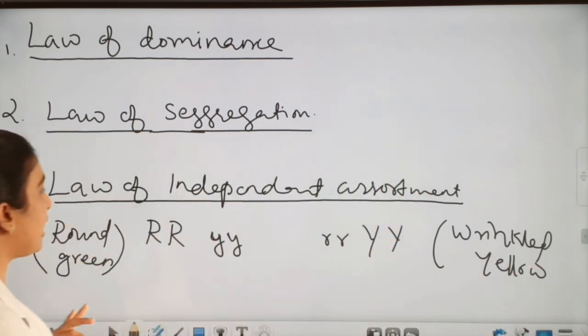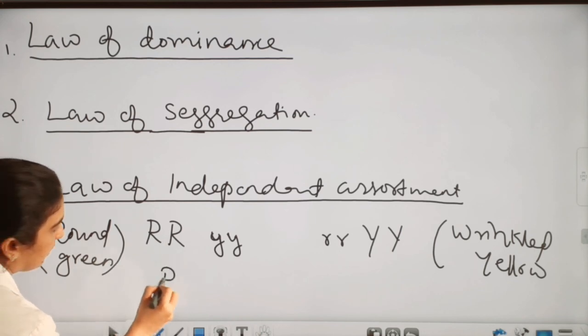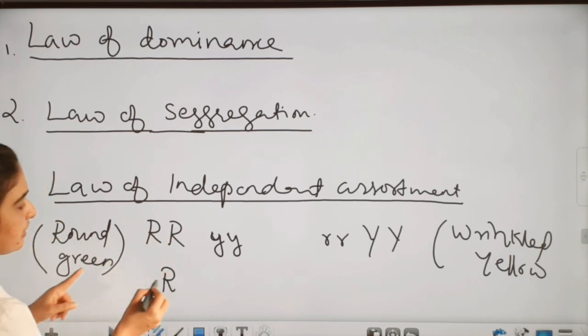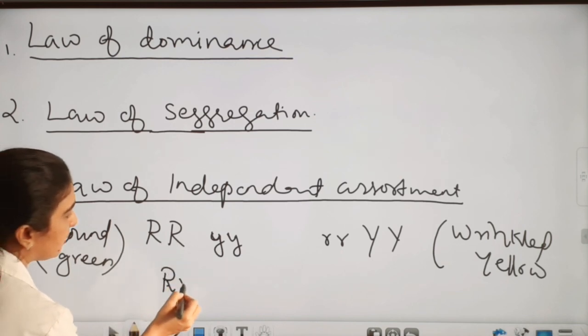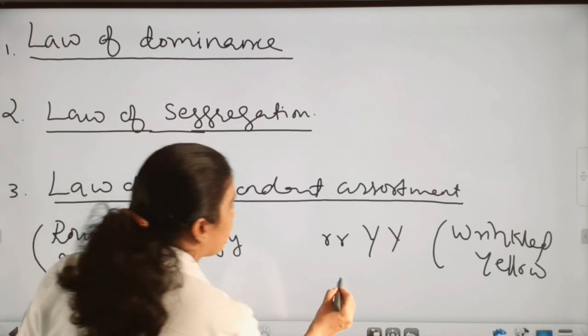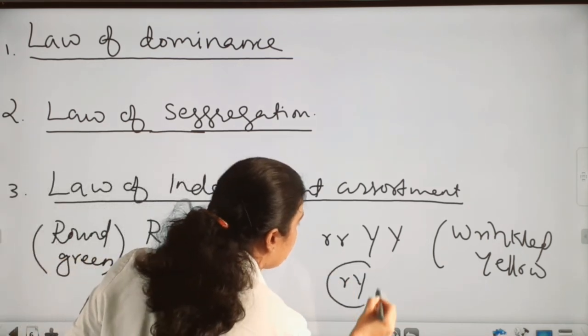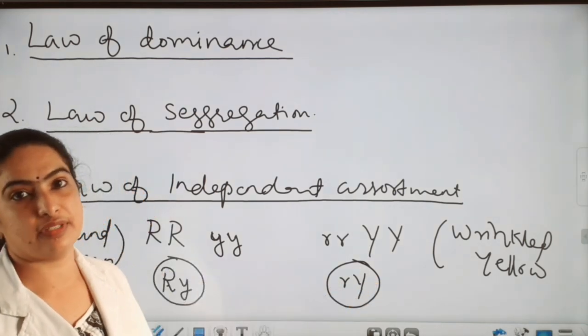So here at the time of gamete formation, the segregation of this character is independent of the other. So this is the gamete actually, and here also this is the gamete. So this character is independent of the other pair of character.